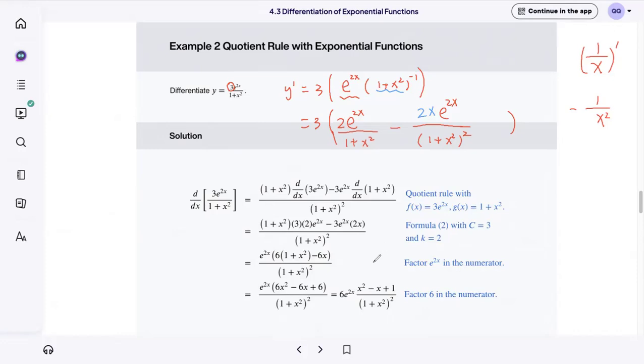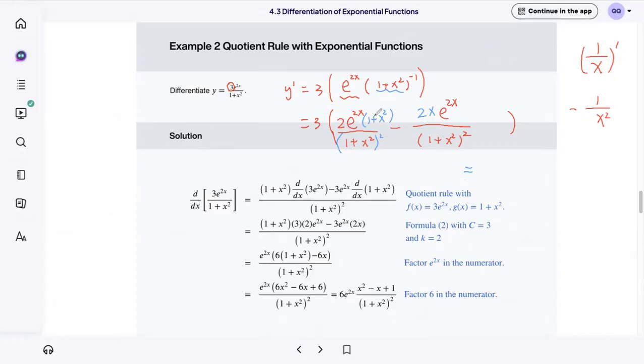But why do these two answers look different? Because in this case, we don't have a square term. If I want a squared term, I can multiply 1 plus x squared in the numerator. Now I can combine the numerators. You see 2e to the 2x times 1, that's 2e to the 2x.